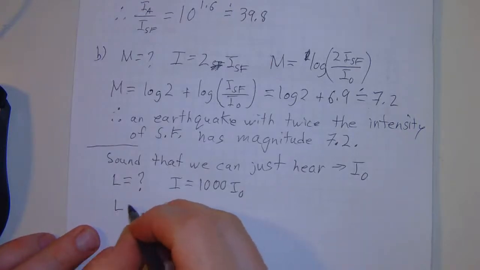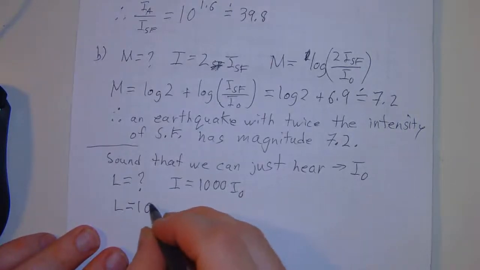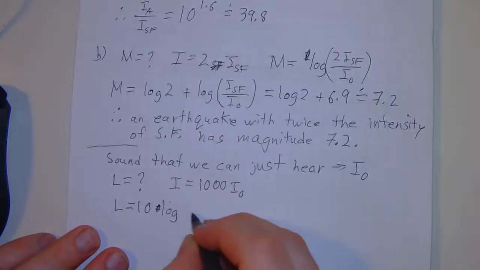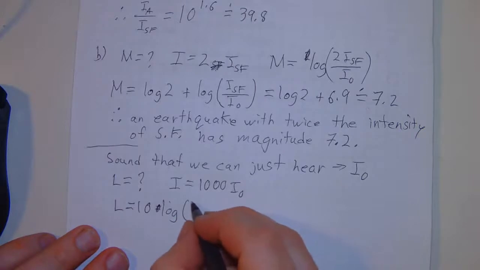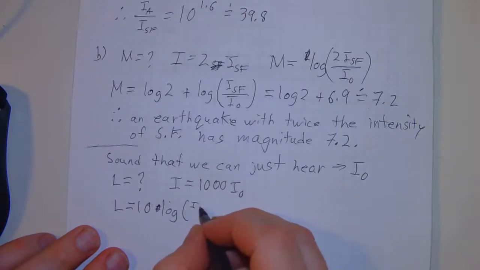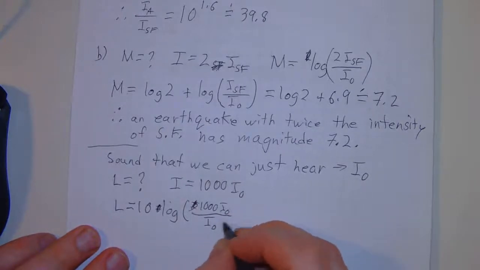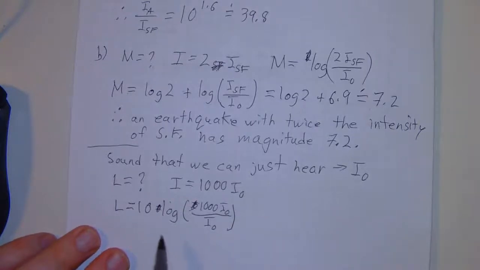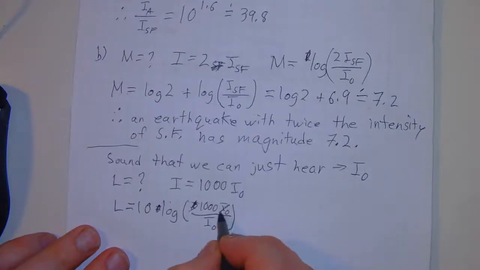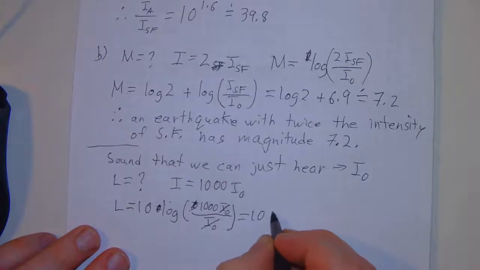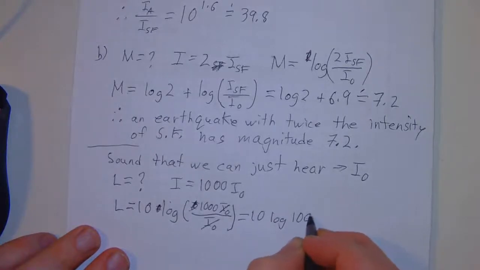So we plug this into the equation. L equals 10 log of our intensity, which is 1,000 I naught, divided by the reference intensity. And you might be looking at this going, wait a minute, we have a lot of variables here. How am I going to solve this? Well, I naught and I naught cancel out. And so we get 10 log base 10 of 1,000.